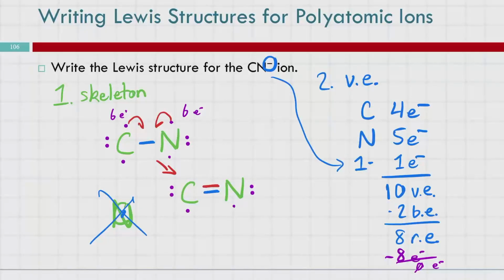Now do we have octets? We've got 2 in this lone pair, plus 1, that's 3, plus 4 in the double bond. Now we've got 7 electrons each.